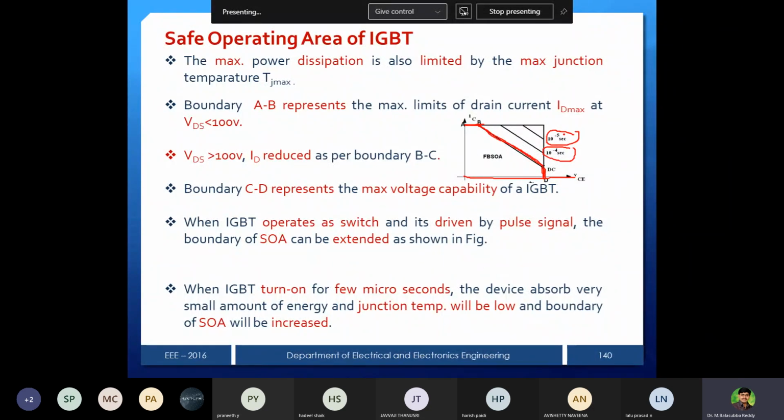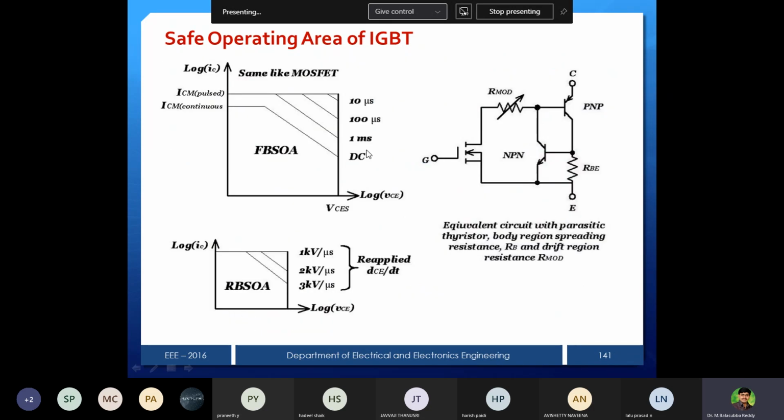Once the device is turned on for only a few microseconds, the device absorbs a very small amount of energy, the junction temperature will be low, and the boundary of the region will increase. Suppose you operate for only 10 to the power minus 4 microseconds, this is the boundary. If you increase further, this gives the next boundary. Because of the very small duration, the temperature rise is minimal. This diagram is represented for the reverse bias and forward bias conditions, and the boundaries change based on your operating time duration.